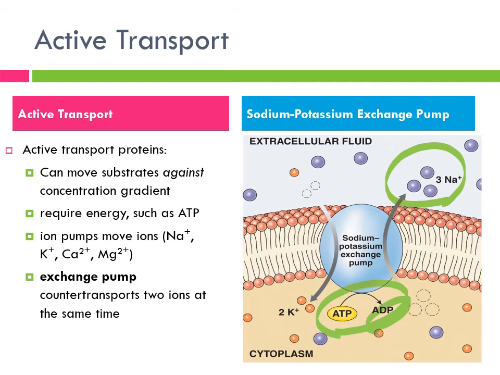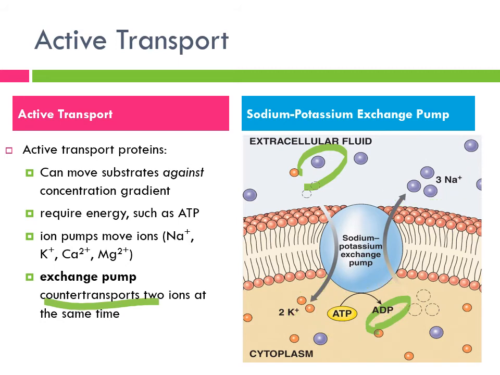So sodium is going against its concentration gradient. And we are pumping 2 potassium into the cell, even though we have more potassium inside the cell than outside the cell. So we're utilizing energy to move substrates against their concentration gradients. And this is an example of counter transport because the sodium is leaving the cell and the potassium is entering the cell. So the two substrates are going in opposite directions, which is counter transport.